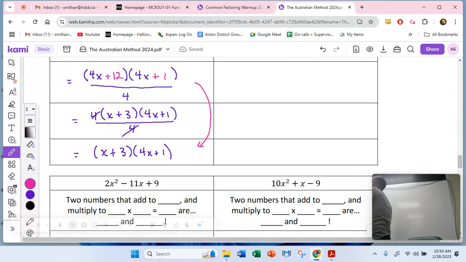And for the last time I'll say it, I am totally okay if you can recognize how the dividing is going to work out and you can go right to your final factored form. That is okay with me. You have my blessing. All right, I'm going to tour, help people out.